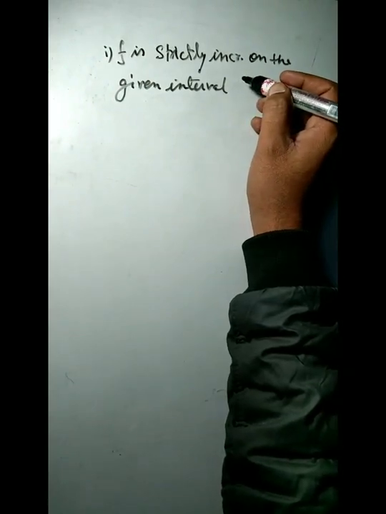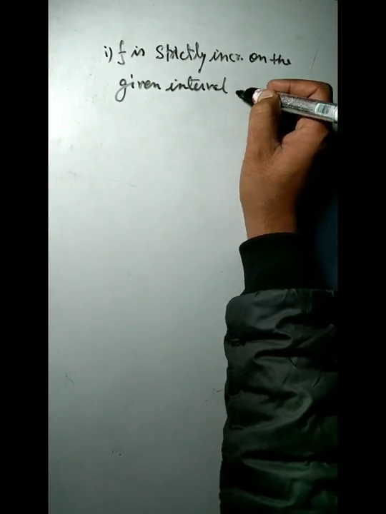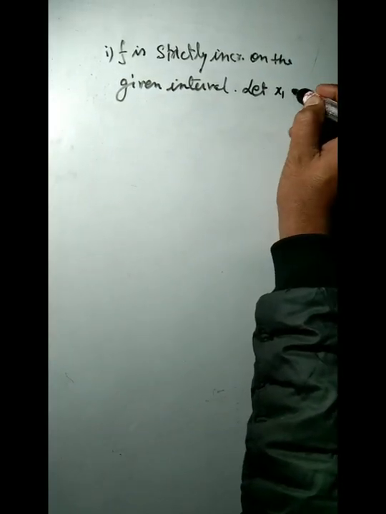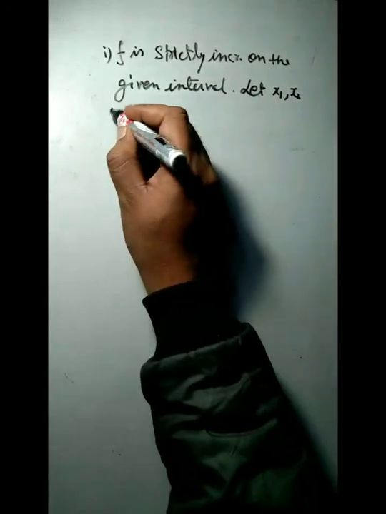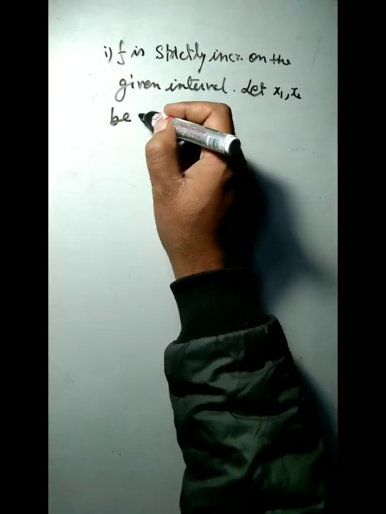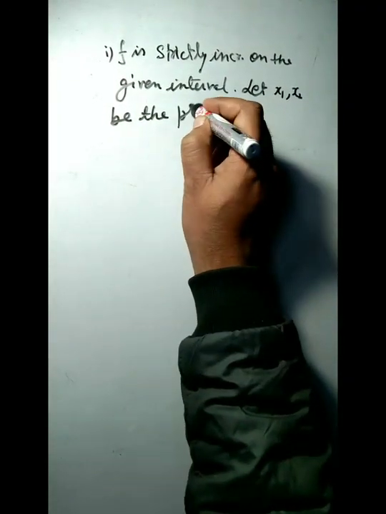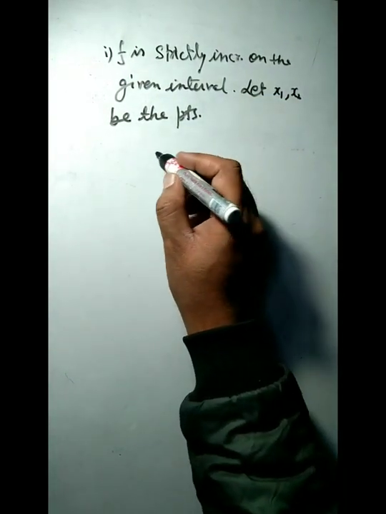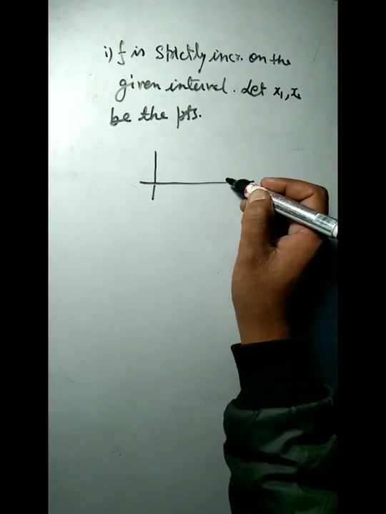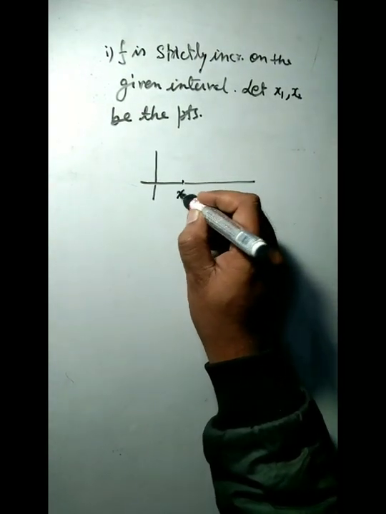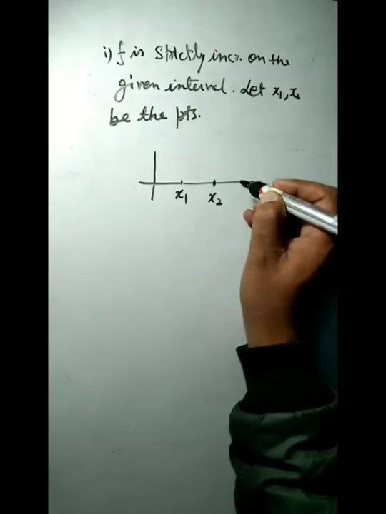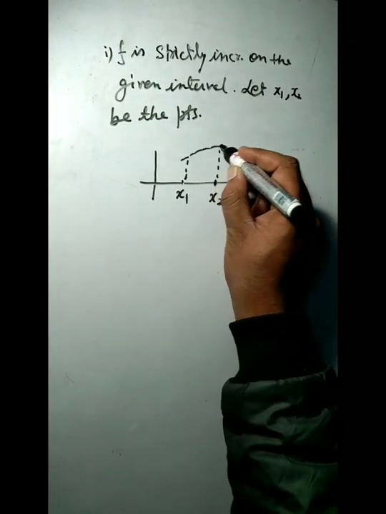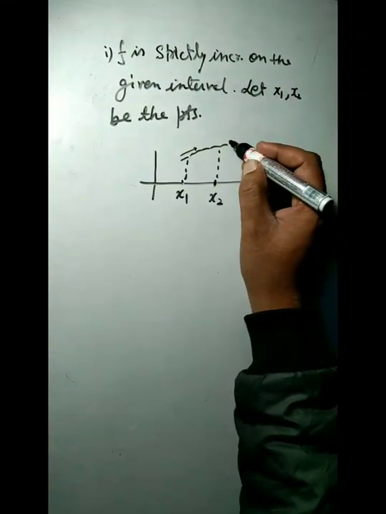And let us assume, let x1, x2 be the points, and here in this graph we can see this is, let us take x1, this is x2, and this is graph, this is increasing in nature.